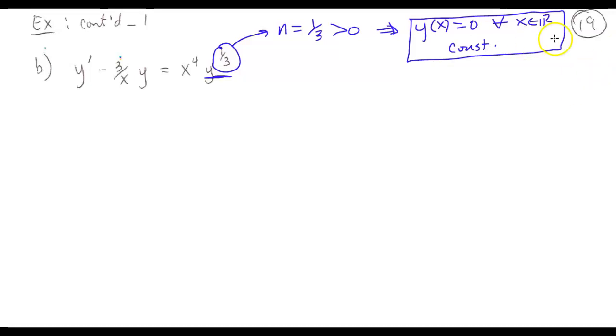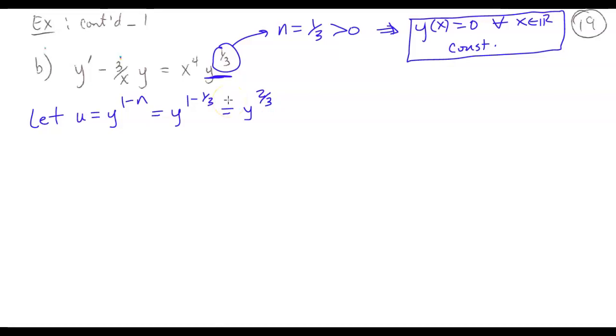So we'll keep that in mind and just tack that on to the answer at the end if we actually find any non-constant solutions. So at this point, we know what our n is. Since this is a Bernoulli, we know that we're going to let u equal y raised to the 1 minus n, which in this case will be y raised to the 2/3.